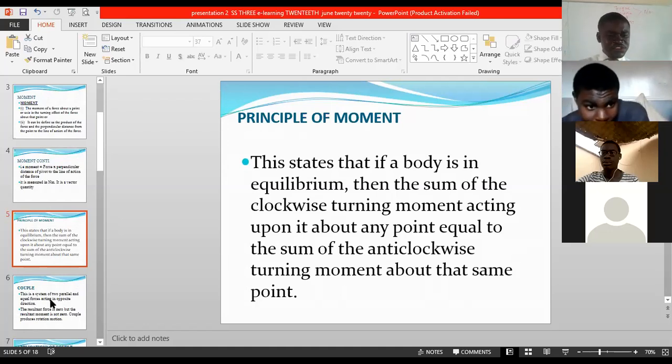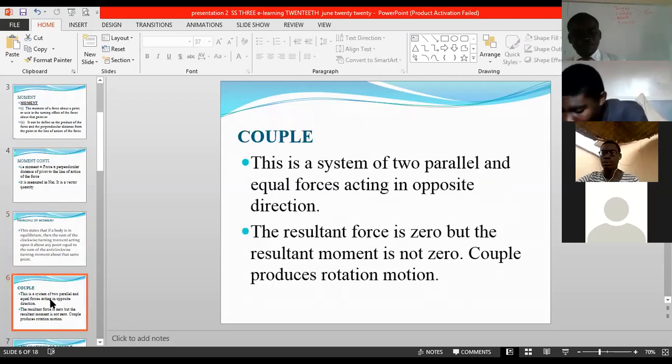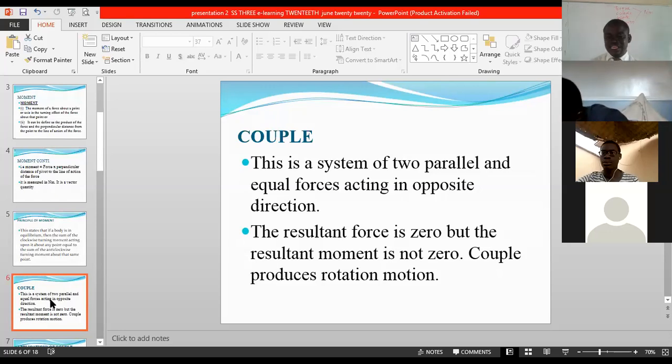Now, our definition. The definition of a couple is a system of two parallel and equal forces acting in opposite directions.